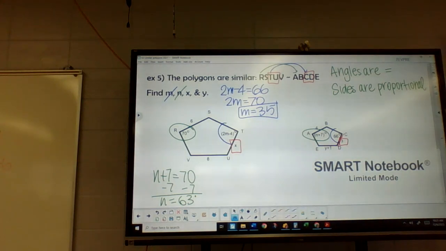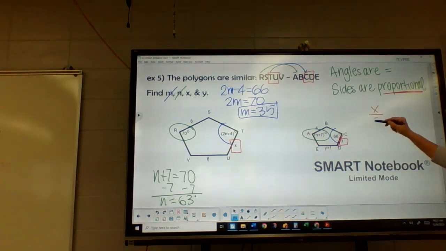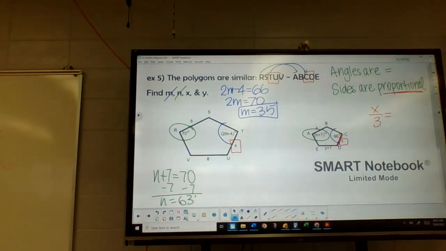Did you write x is 3? It's not 3. They're proportional. So x is not as easy as just saying it's the same. So we're going to set up a proportion for that. So x over 3. So it's proportional, it's not equal.